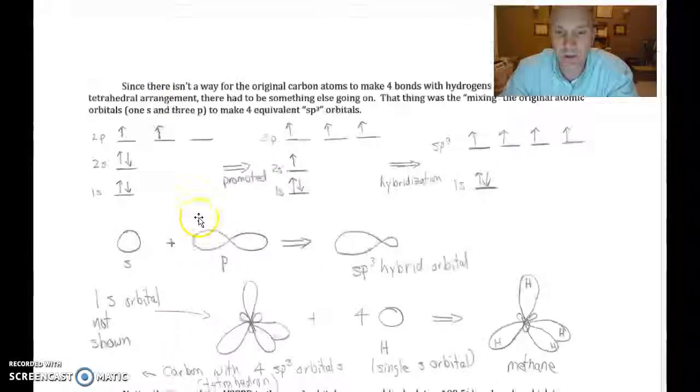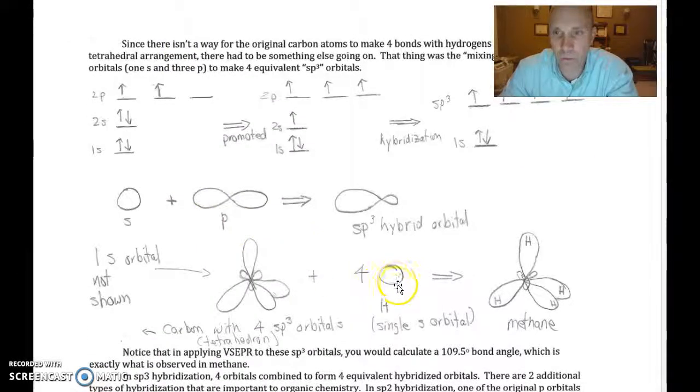A hydrogen atom is just 1s1. That's its configuration, so it's just got an s orbital. What if we took 4 of these s orbitals and put them at the tips of each of these sp3 orbitals? That would allow for a sigma bond to get formed between each of these orbitals and that s orbital, and that's what this shows right here.